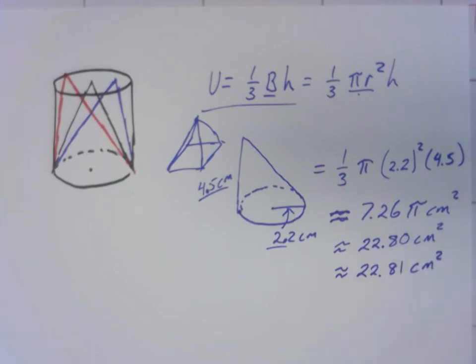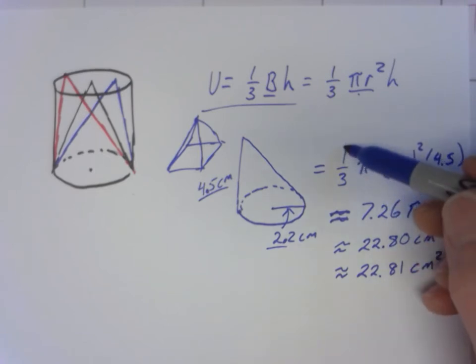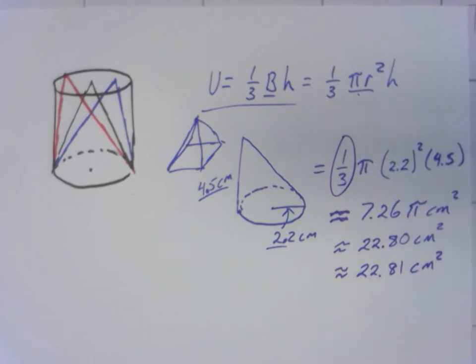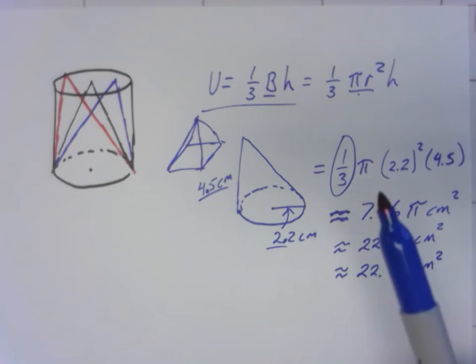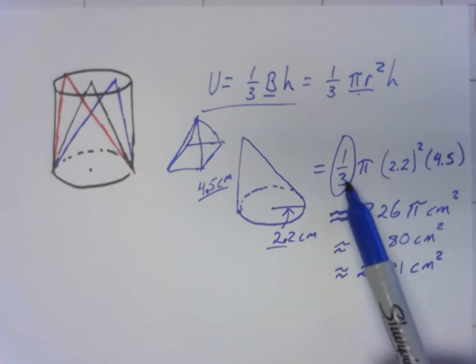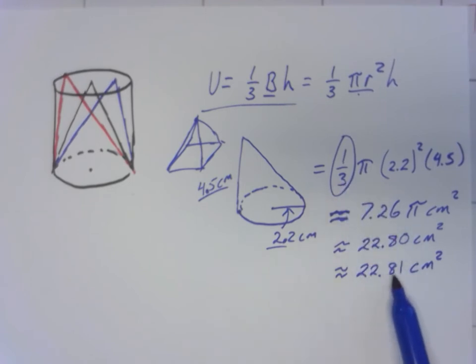Here's the reason though. I actually typed in the fraction 1/3 into my calculator. They've used 0.33 for 1/3, which isn't exactly the same thing. So we're getting a little bit of a rounding error, which is really common.